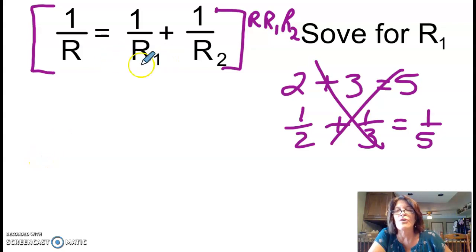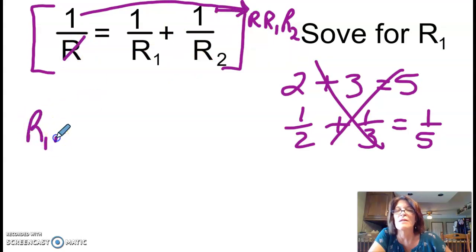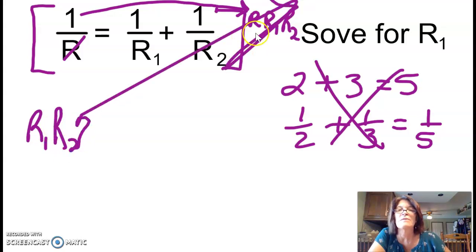Anyway, I'm supposed to solve for R1. So eventually, I want it in the numerator, so I'm going to multiply every term by the common denominator R, R1, R2. When I multiply 1 over R by R, R1, R2, the R's cancel, and I just have 1 times R1, R2. Sorry, let me just erase that.